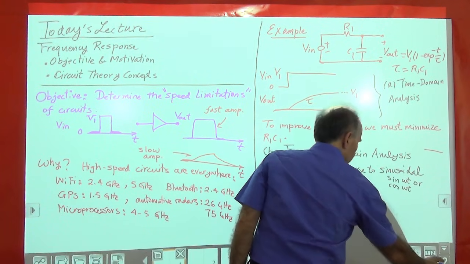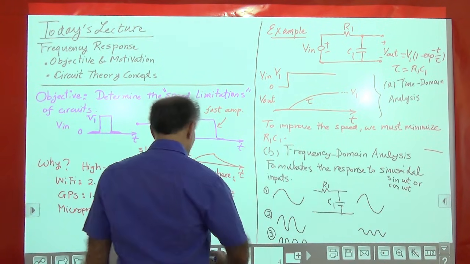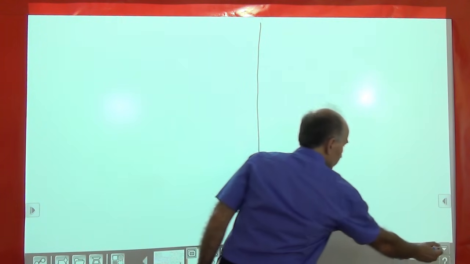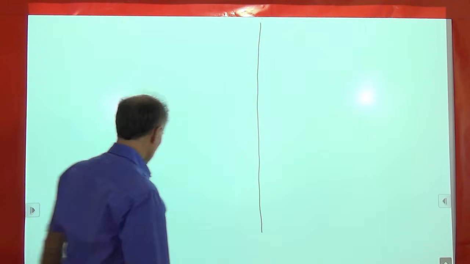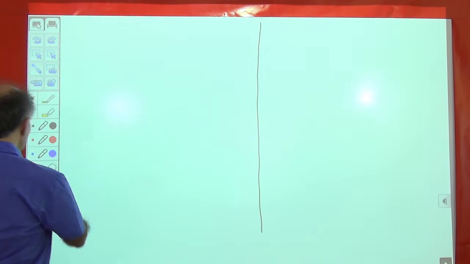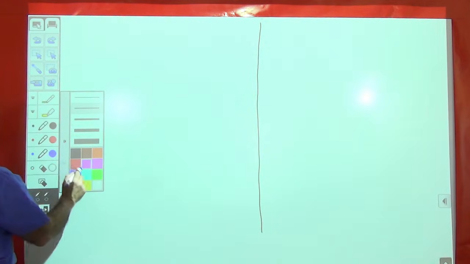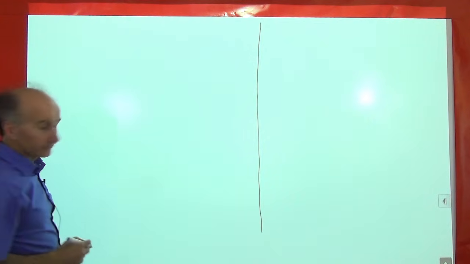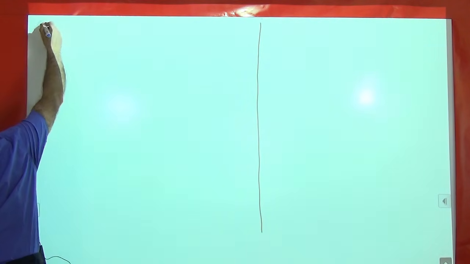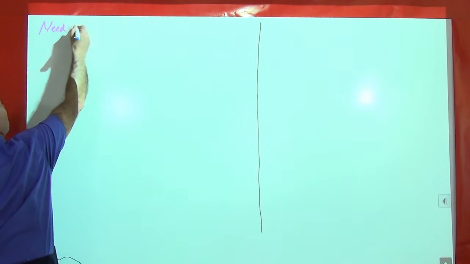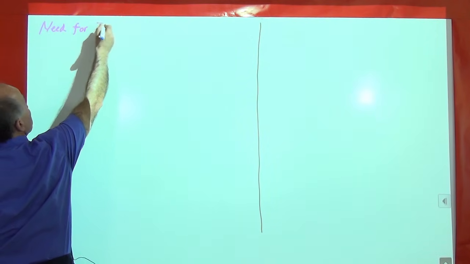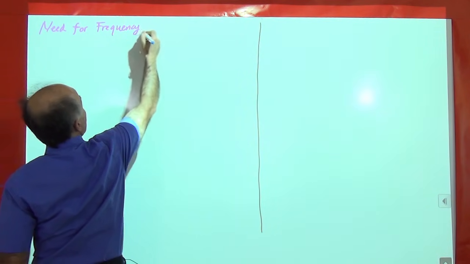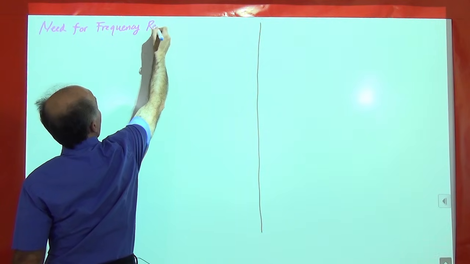Okay, so let's go to the next slide and see what we can do here. All right, so what I wanted to do is the following. So let's change the color here. So let me just talk a little about why we want to perform frequency response.